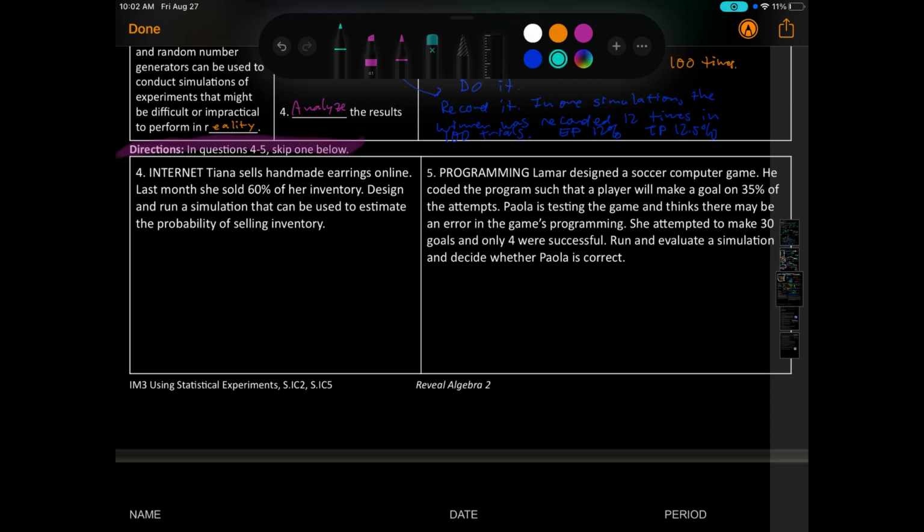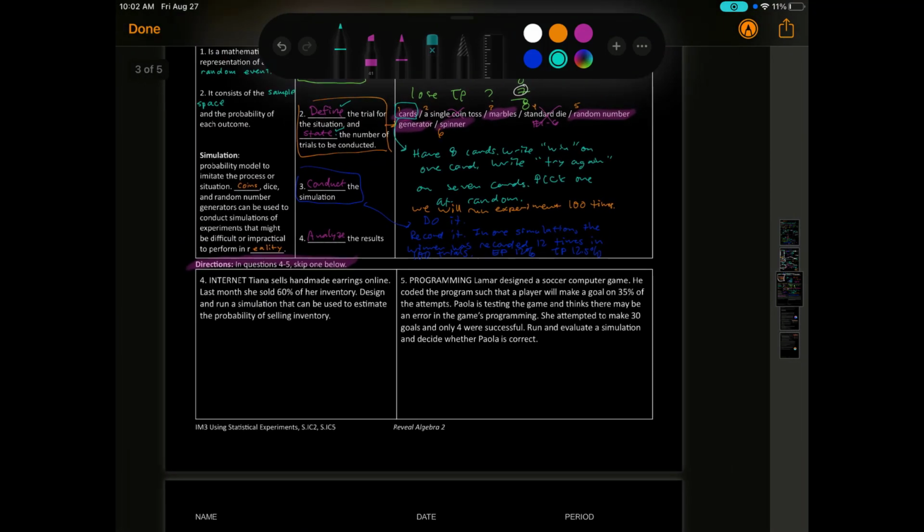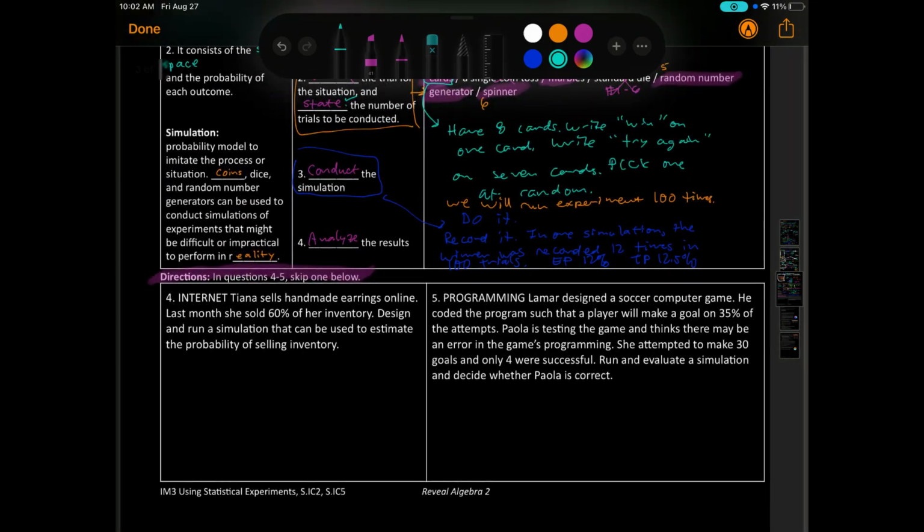Last month, she sold 60% of her inventory. Design and run a simulation that can be used to estimate the probability of selling inventory. Okay, so we can just list our outcomes. She sells something 60% of the time, and then no sell 40% of the time, right?